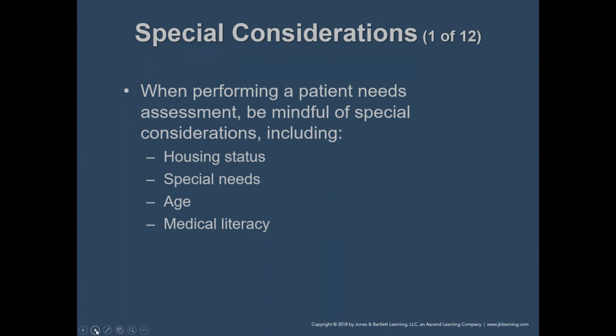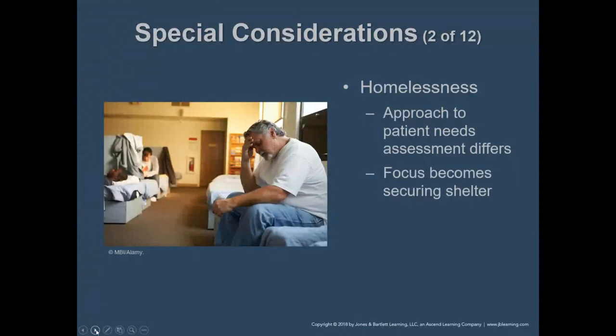They're not at the level where they need to be institutionalized, but they just have an overall low IQ. They're going to have some special needs. Age, their medical literacy, they don't know what's wrong with themselves. They don't know their body. How are you going to follow up with a patient that's homeless? How are you going to interact with them?